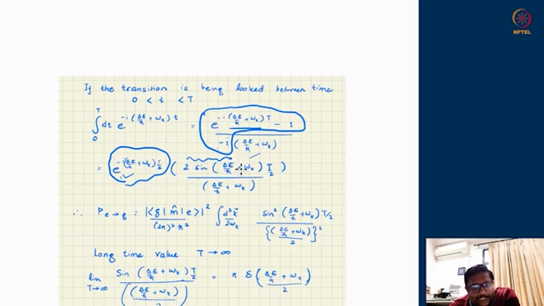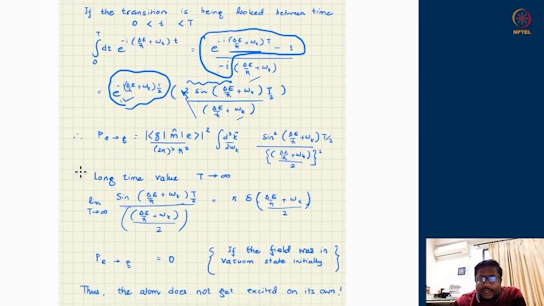That means twice sine of (delta E upon h bar plus omega k) times T by 2, divided by (delta E upon h bar plus omega k), all mod squared, which are real numbers, so squares individually. I take this 2 and bring it down to the denominator, so overall I have delta E upon h bar plus omega k divided by 2. When I do the mod square, I get a sine square in the numerator and the denominator divided by 2, whole square, in the bottom. So I would have this as the whole probability of transition expression.